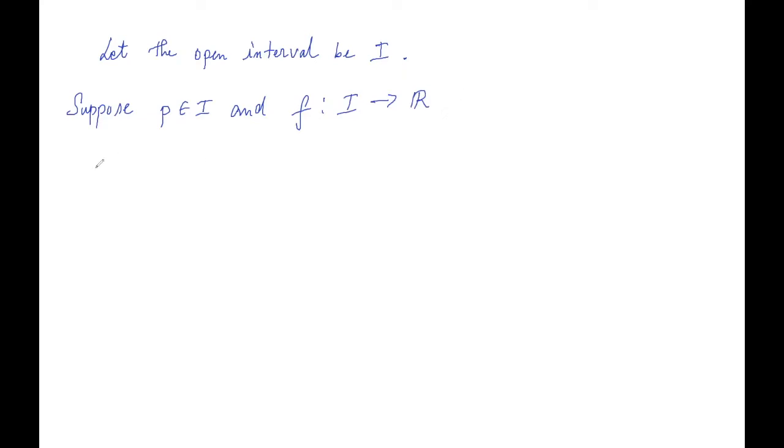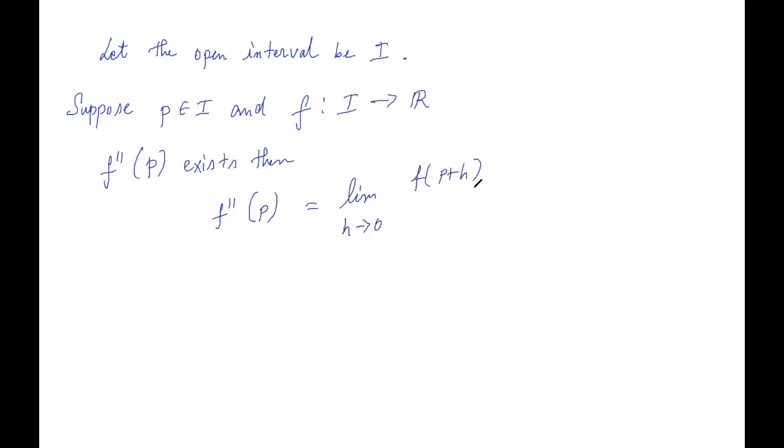And now suppose f double dash p exists, then we have to prove that f double dash p is nothing but the limit as h tends to 0 of f of p plus h plus f of p minus h minus 2f of p by h square.